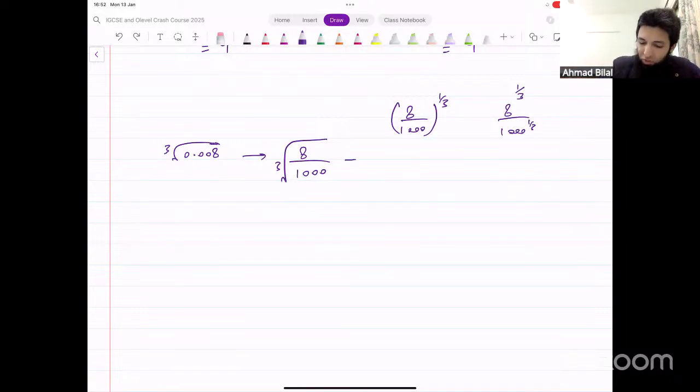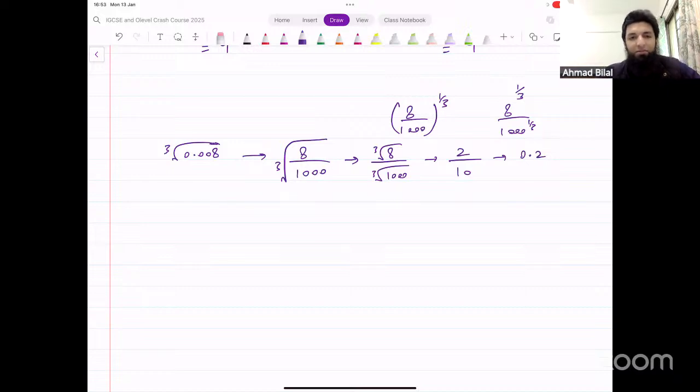So this cube root can actually be broken down into two parts, and you can write this as cube root of 8 over cube root of 1000. Now, what's cube root of 8? That is 2. Cube root of 1000, that is 10. And that simplifies to 1 over 5, or in decimals, that will be 0.2. That's the result that we get from this. Okay, so that's how you could evaluate powers of decimals, that you first write them as integer fractions, and then you evaluate the result from that.